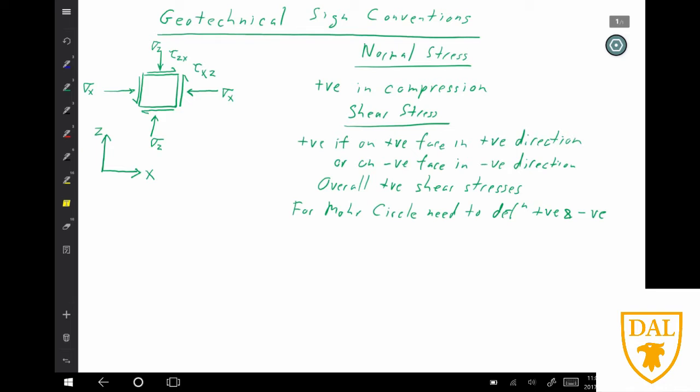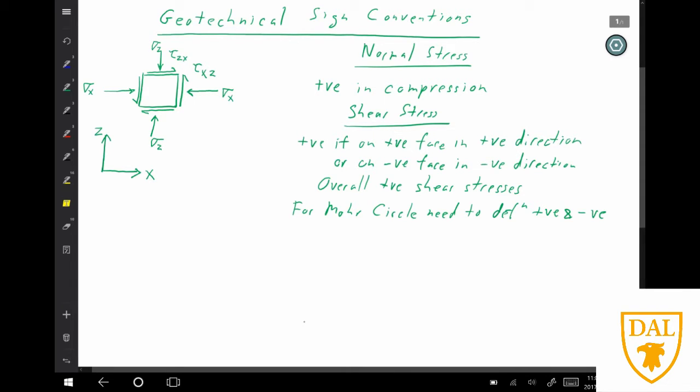The shear stress that tends to induce a counterclockwise sense of motion, I define as positive. So positive shear is a counterclockwise sense of direction.